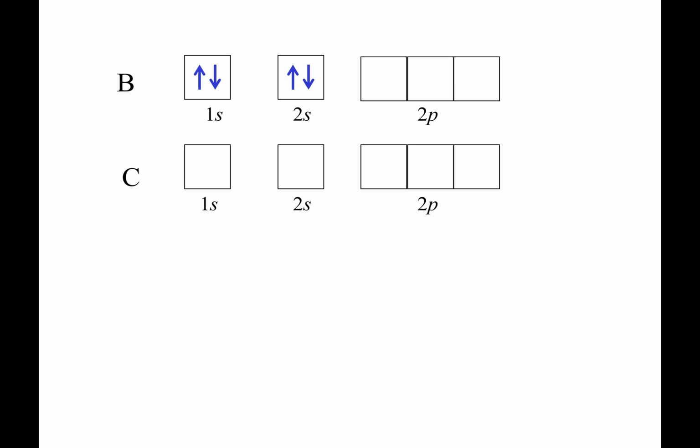Where's the next electron going to go for boron? The first 2p, exactly. So after boron, that's 5 electrons, atomic number 5 element. What about carbon? Where did I say that last electron goes? Yeah, if possible, it scoots over.